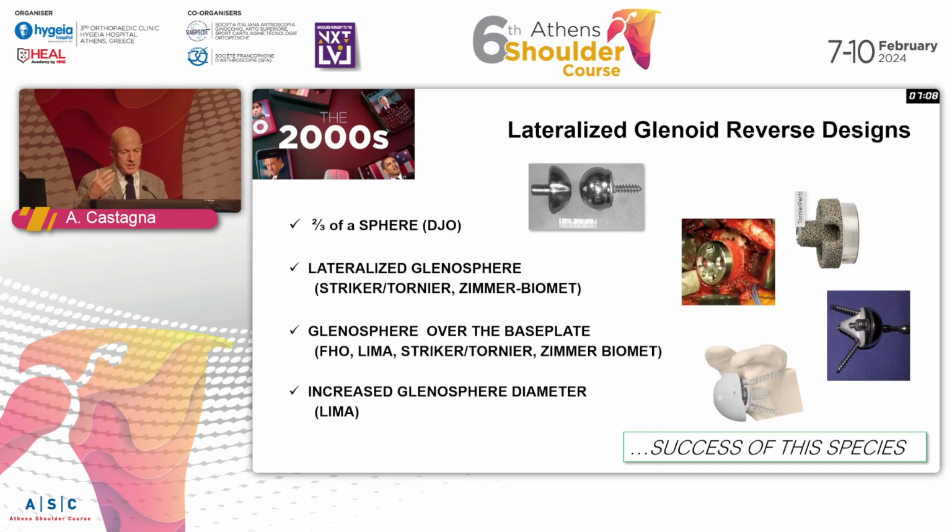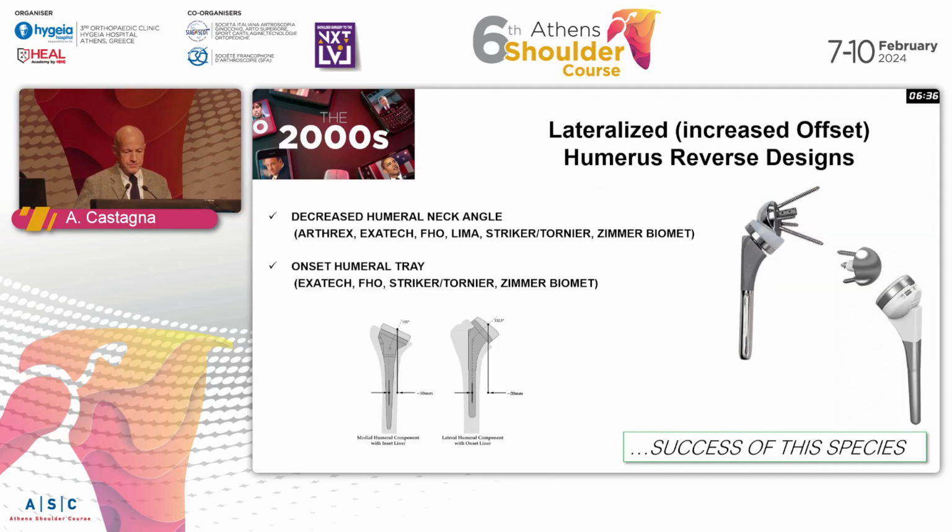At the end, this principle of lateralization of the glenoid was so well accepted that now we have available on the shelf of the supermarket of our implants many different designs. The 2/3 of a sphere, the DJO, the lateralized glenosphere, Stryker, Tornier, Zimmer, Biomet, the glenosphere over the base plate, and you see here the list, and the increased glenosphere diameter, because this was really helping a better success, responding to the necessity and not only to the chances.